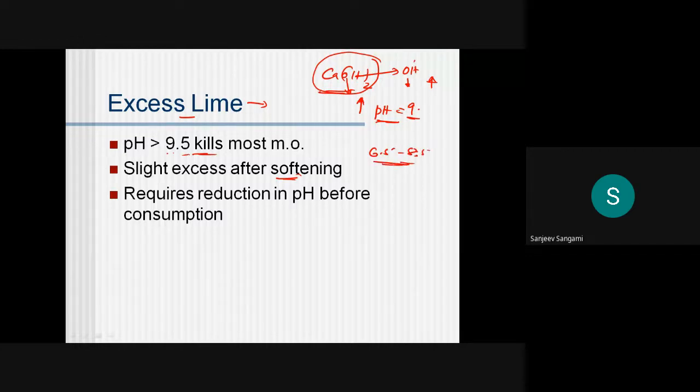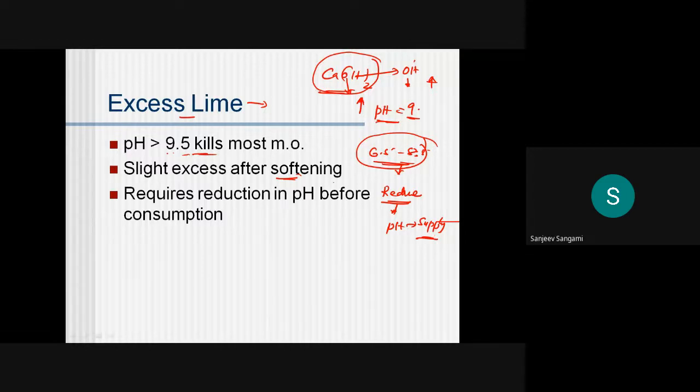So even after treatment, you have to reduce the pH and then supply. That is the thing you have to maintain.